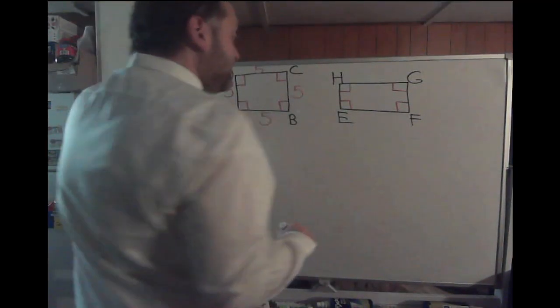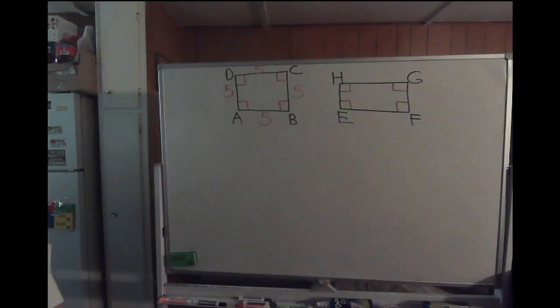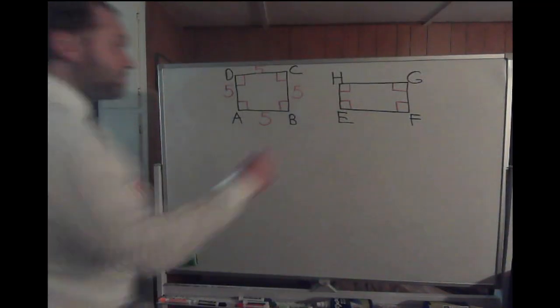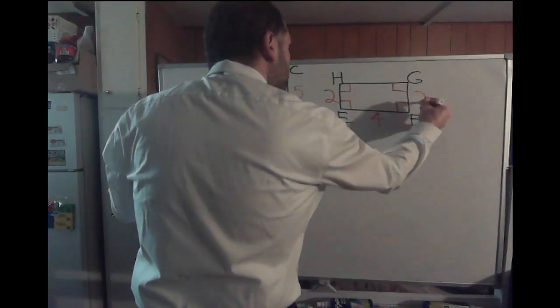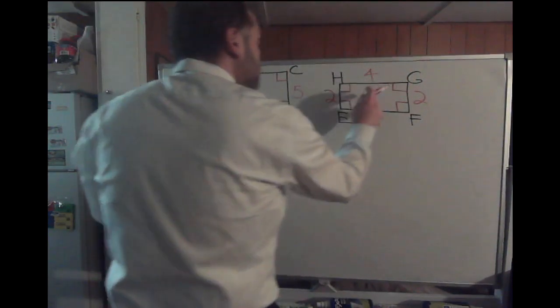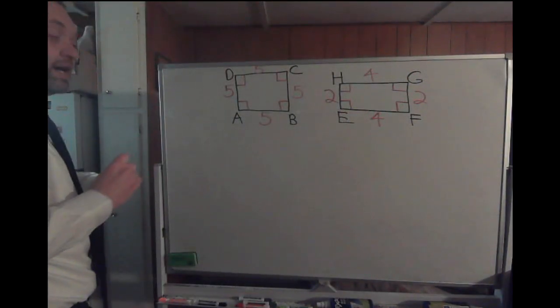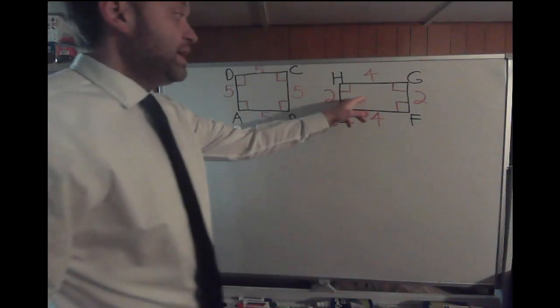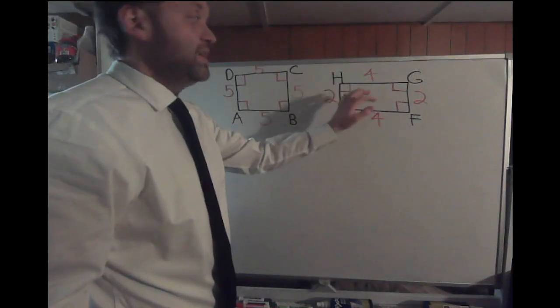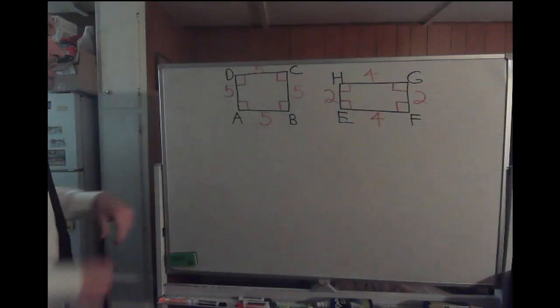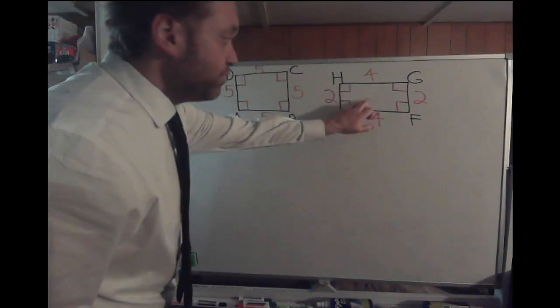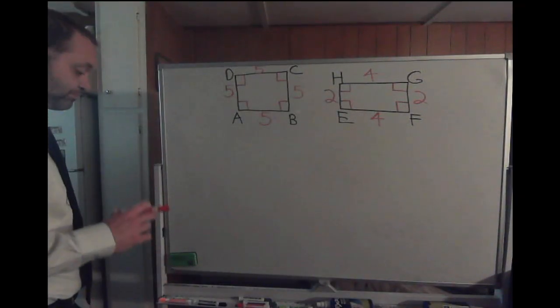And then you have EFGH, which is 2, 4, 2, and 4. So EFGH would be a rectangle because you have 4 right angles, but only the opposite sides are congruent. So you have a square versus a rectangle, okay?